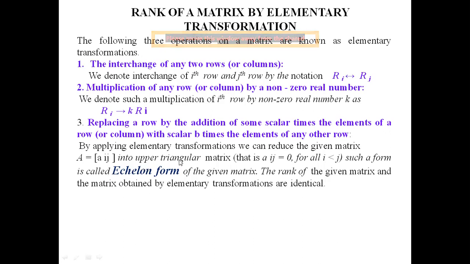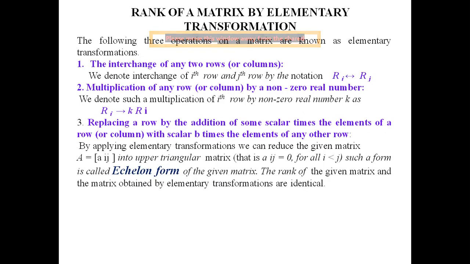So the echelon form is nothing but the matrix obtained when you reduce the given matrix to upper triangular form. Once you reduce the given matrix to echelon form, count how many non-zero rows there are in it. What do we mean by a non-zero row? If at least one element in that row is not zero, it is called a non-zero row. If all the elements are zero, it is called a zero row.